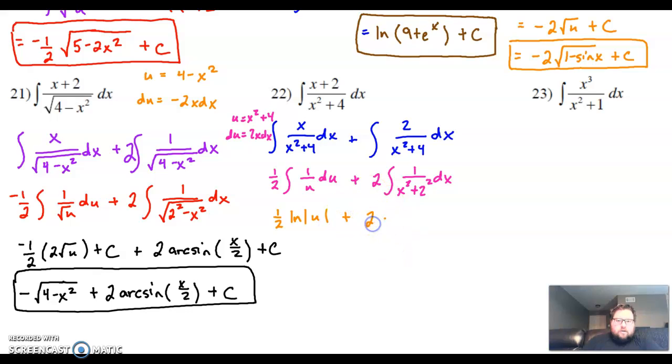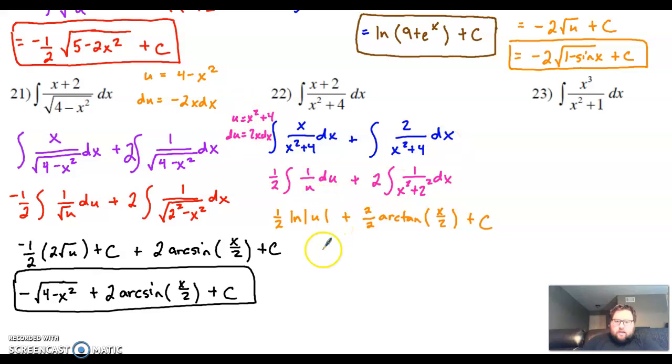This integral is an arctan. Actually, arctan has that 1 over a in front, remember. So instead of it being 2, it's going to be 2 over 2, arctan of x over 2, and then plus c.